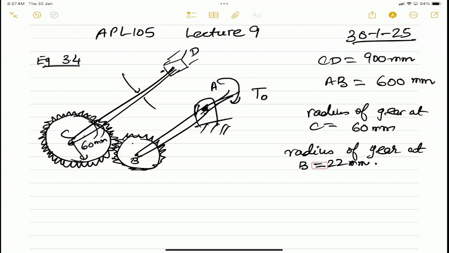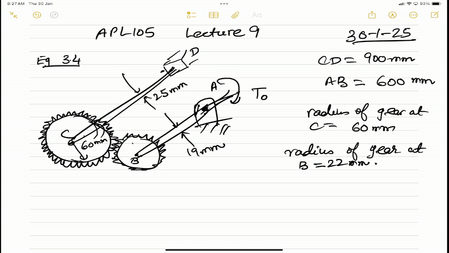And the diameter of the two rods: the first rod's diameter is 25 millimeters, and the diameter of the second rod is 19 millimeters. And then the material is given; these are made of aluminium.